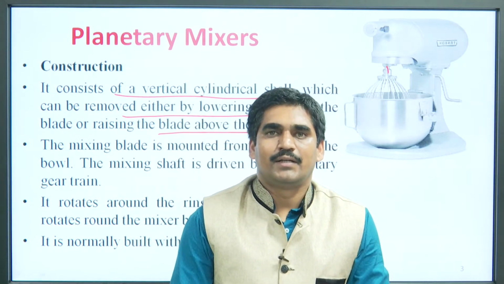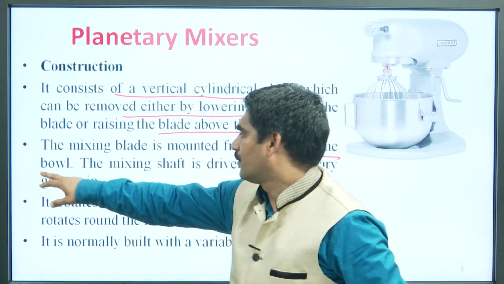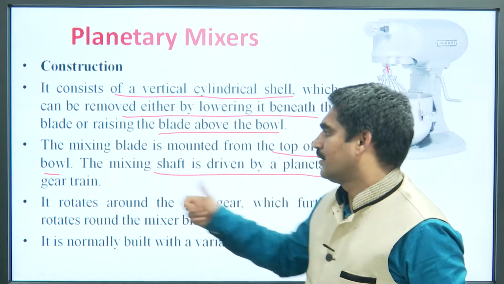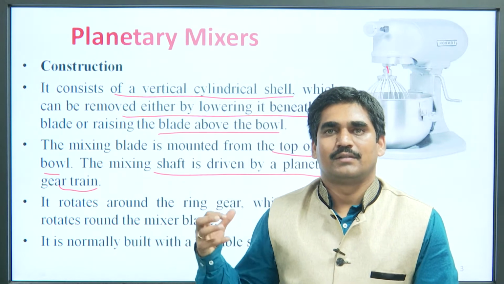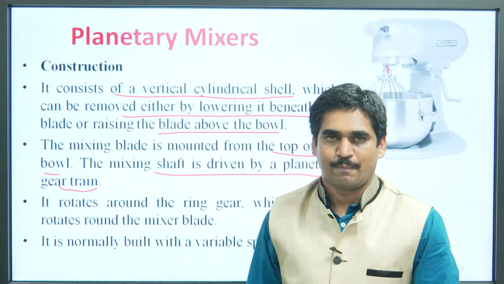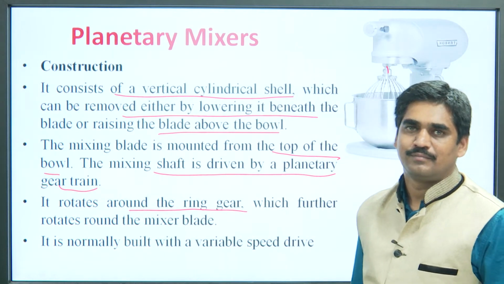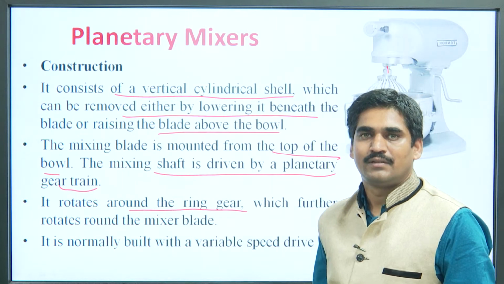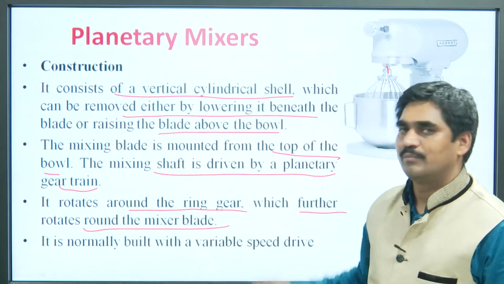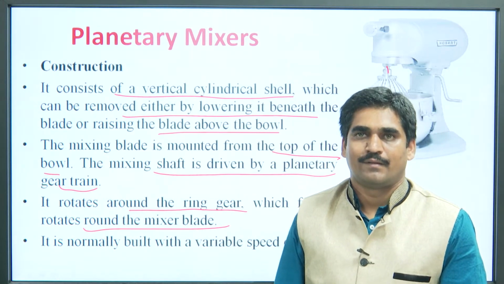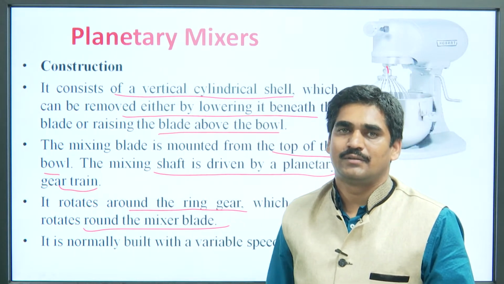The mixing blade is mounted from the top of the bowl and the mixing shaft is driven by a planetary gear train. In this way the mixer works. It rotates around the ring gear, which further rotates the mixer blade.